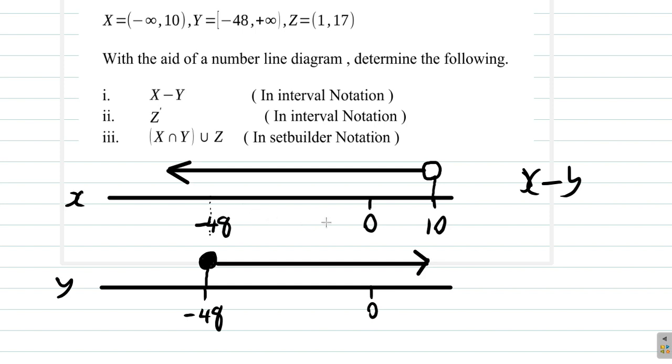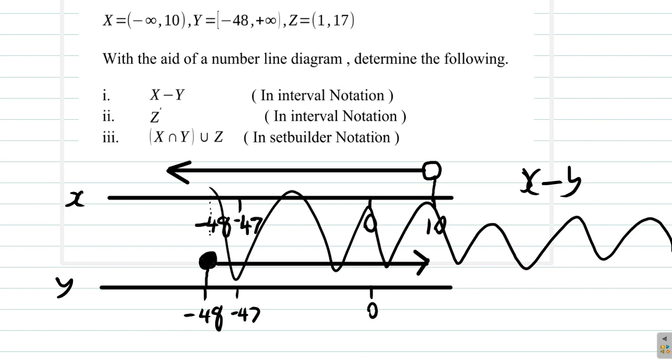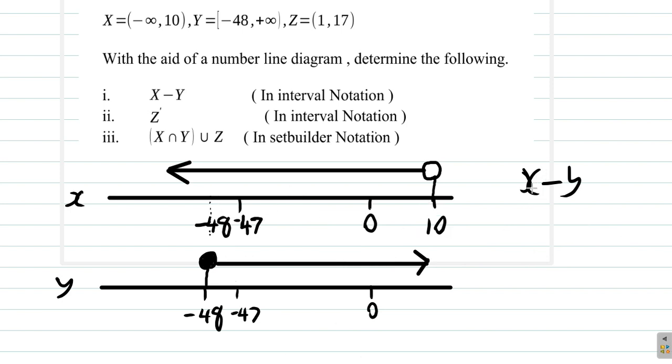So 0 is in both. Negative 47 is in both, because negative 47 would be near to negative 48. Going up to 0 and passing that, everything here going up is in both of them. It must be in x alone, because you're talking about x and you remove y.